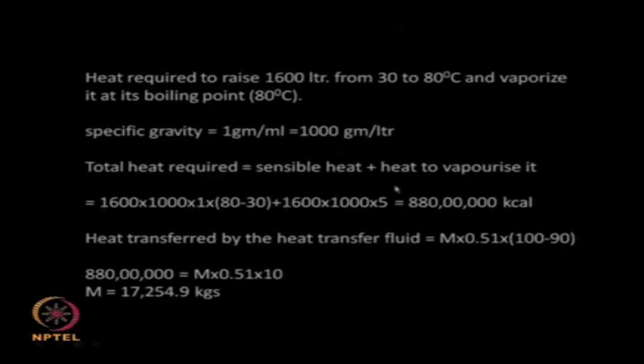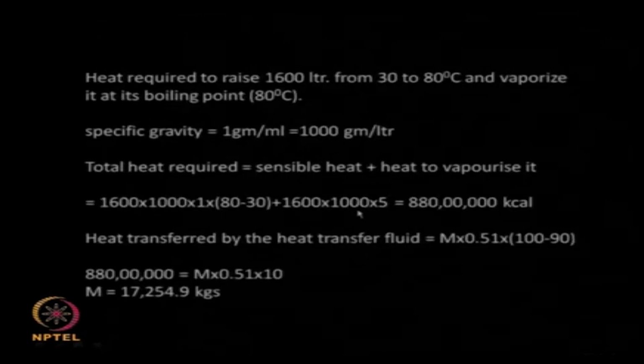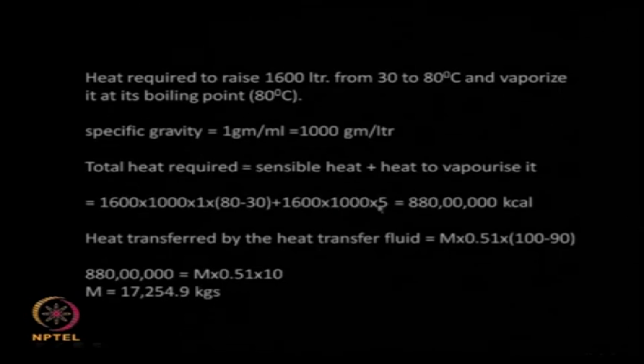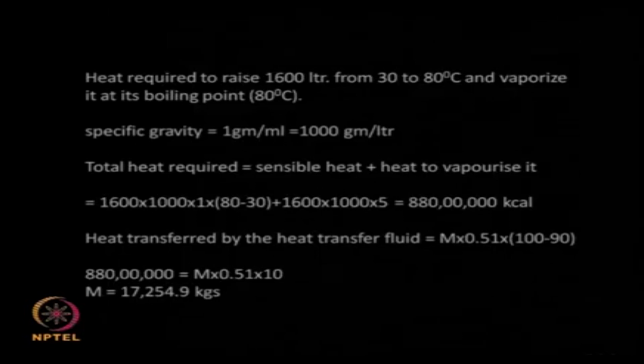This is the heat of vaporization, so again 1600 into 1000 into heat of vaporization, which is 5 kilocals per gram, right. So 1600 into 1000 into 5, that comes to a big number like this, 880 lakh kilocals. This is the amount of heat required to heat a 1600 liter fluid from 30 degrees to 80 degrees and then vaporize it at 80 degrees.